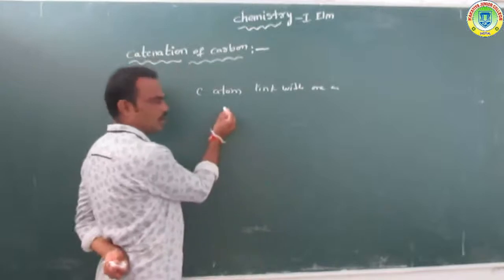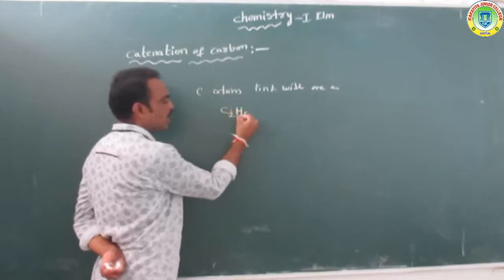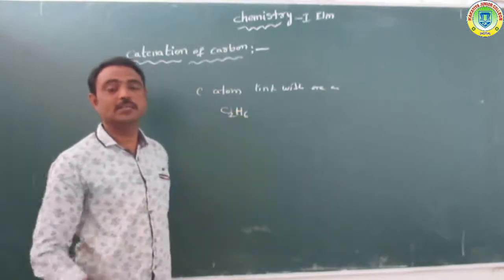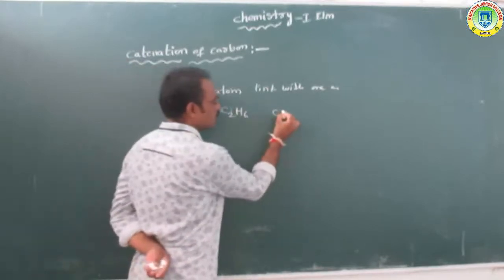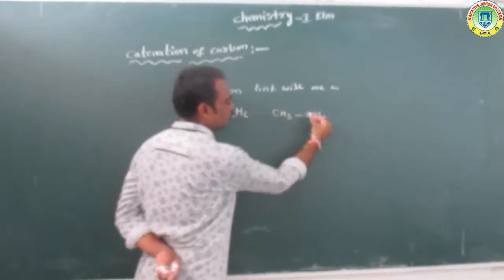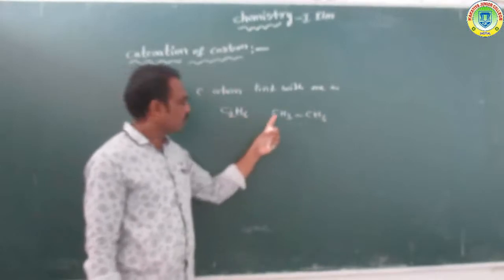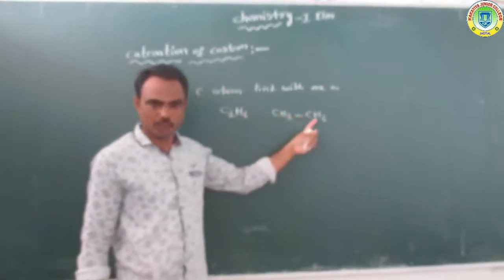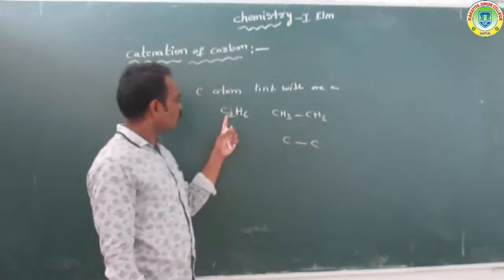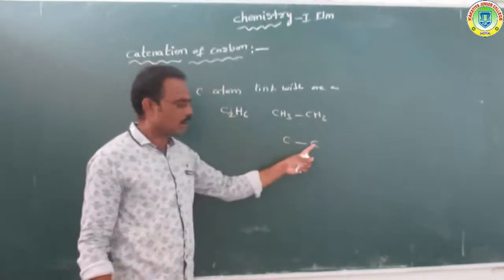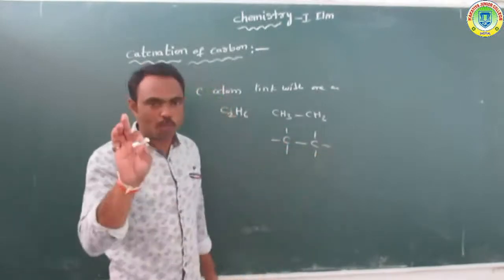Suppose for example, C2H6. C2H6 means ethane. We write CH3 bond CH3. So we write another structure, carbon bond carbon. How many carbon atoms? 2. Each carbon atom contains 4 bonds.